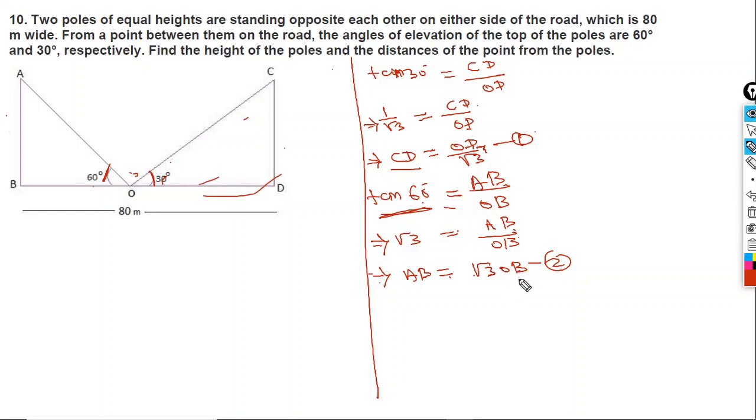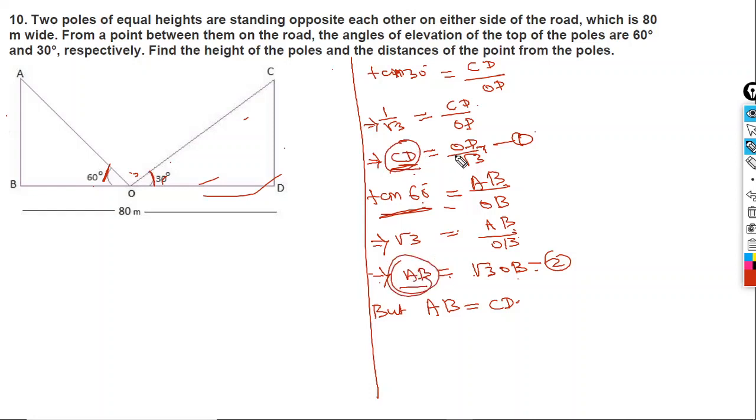But what you have? You have AB is equal to CD, and it is given to us that the heights of the two poles are equal. So we can write, in this equation, CD is equal to AB.